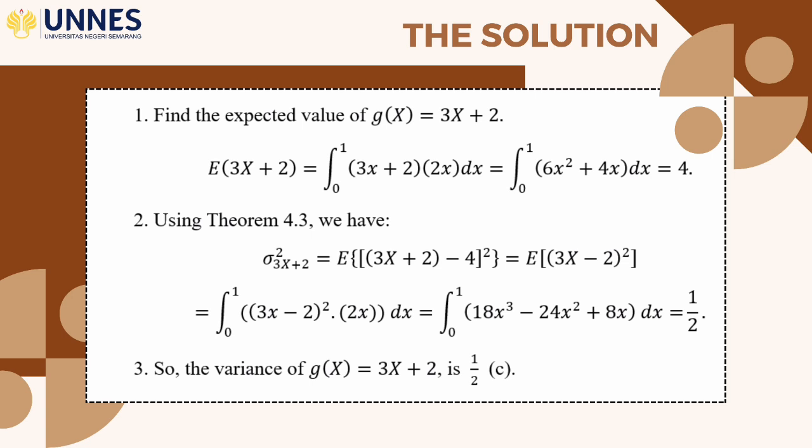And next we must use the theorem 4.3 before. We have sigma of 3x plus 2 squared equal E[(3x plus 2 minus 4) squared], where 4 is from the expected value before, equal E[(3x minus 2) squared]. Equal integral from 0 until 1 of (3x minus 2) squared times 2x dx.